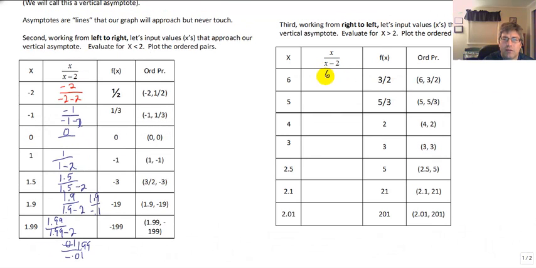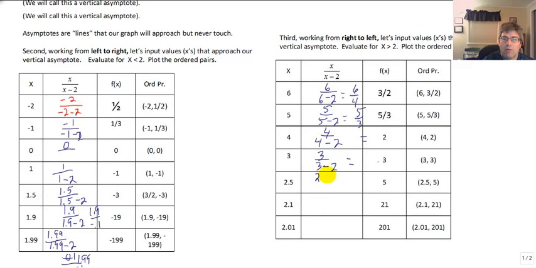So I'm choosing 6 over 6 minus 2, which is 6 over 4, or 3/2. 5 over 5 minus 2, which is 5/3. 4 over 4 minus 2, which is 2. 3 over 3 minus 2, which is 3. And now we're going to get closer and closer.